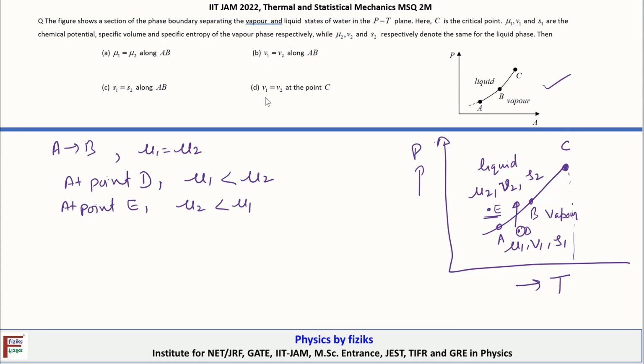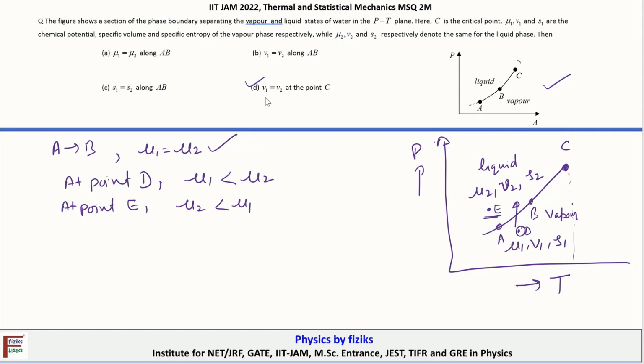Even from B to C this condition will be valid. Now what are the other options? S1 equal to S2 along AB, and V1 equal to V2 along AB, no. And V1 equal to V2 at point C, yes. This is the specific volume.